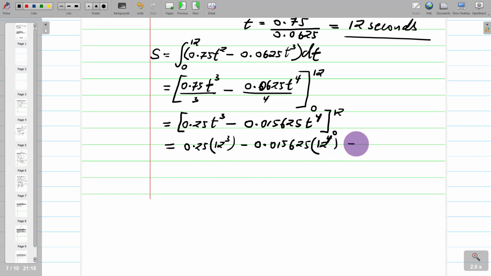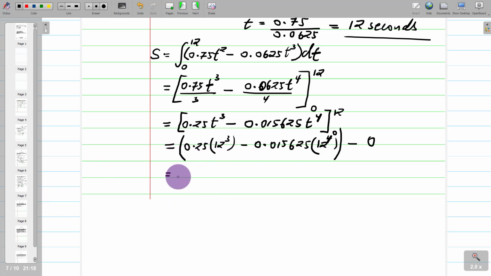We can just say minus, after we have worked out the whole of these, when we substitute 0 into this expression, we are simply going to get 0. So subtracting 0 is the same as not substituting 0 at all in that expression. So this one is going to give us 432.